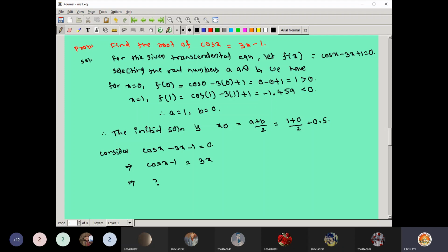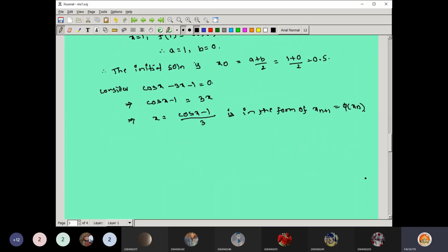So only you are focusing on other than the special functions. From that you select x is equal to, it is cos x minus 1, overall divided by 3. So other than the special functions, it is in the form xn plus 1 equal to phi of xn. So you write down the left side as x with n plus 1.